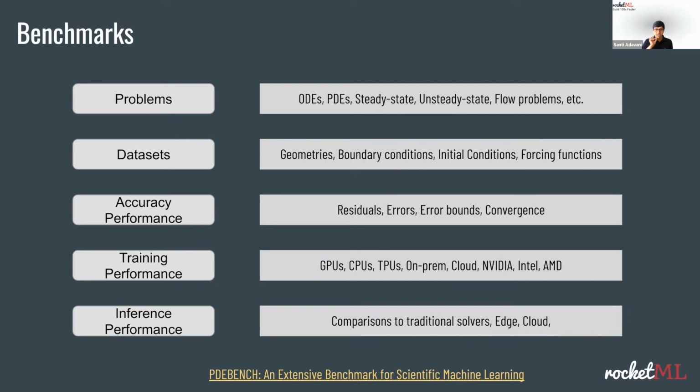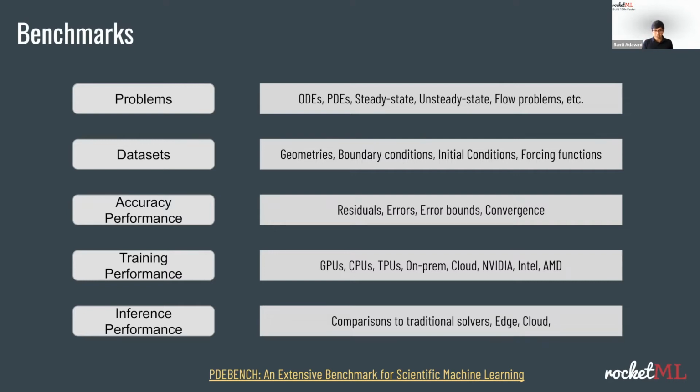So let's say in the automotive industry, for cars, there are specific geometries that everybody works with, like the Ahmed body and some other geometries that they work with, right? So if the data sets are fixed and the geometries are predefined, then any new innovation in that space will have real value for industry, right? They can quickly go and say, okay, this is better than this, let me use it.